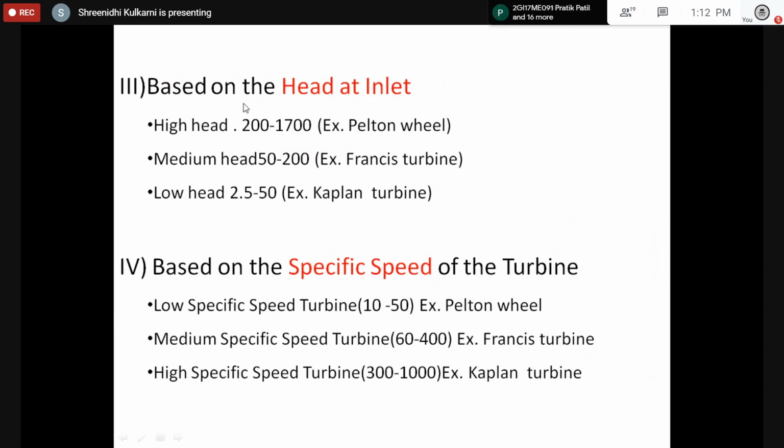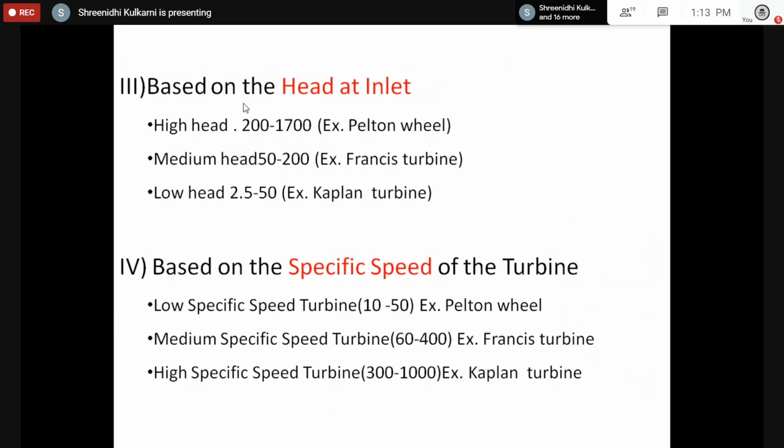So coming to the third classification, based on the head at the inlet, the first one is high head. Here you can see the range, it varies from 200 meters to 1700 meters.